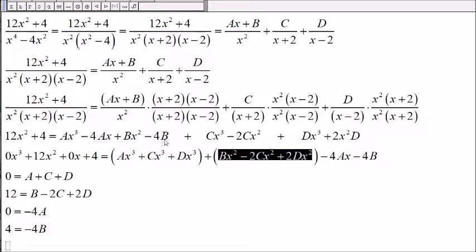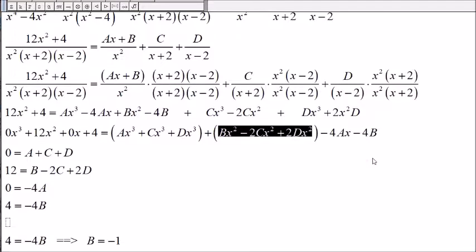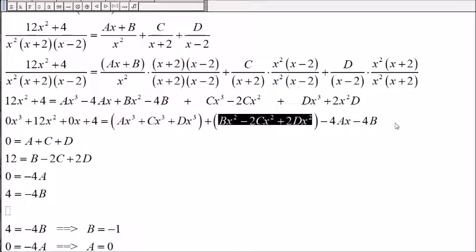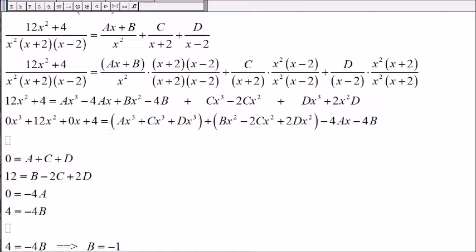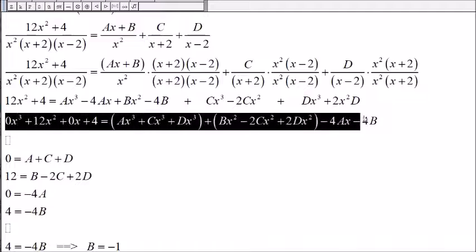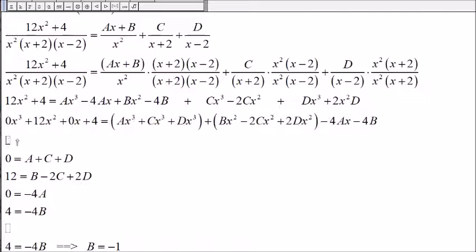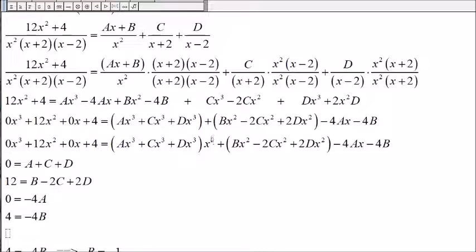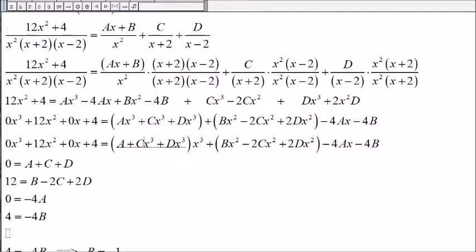And then we have minus 4Ax, and then minus 4B. So this is the same as this.